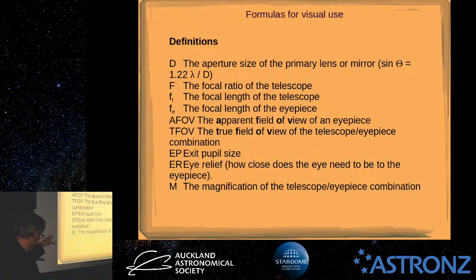And the eye relief is quite important. That's where you have to position your eye to be able to see the entire exit pupil, and basically that matters for people who wear eyeglasses. If you don't need eyeglasses to look through a telescope, you can get your eye close to the eyepiece, so the eye relief doesn't matter to you.